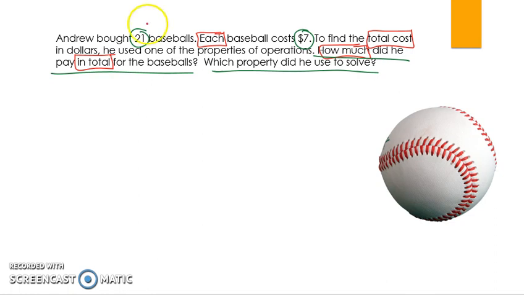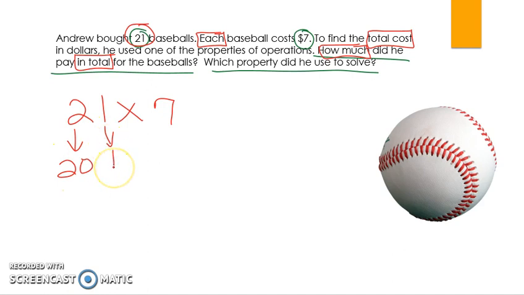Since we have a larger number, we're going to be using the distributive property of multiplication. Think back to the Lily Pulitzer problem. So we have 21 baseballs, and they each cost $7. So we're going to break apart the 21 into 20 and 1. We're going to distribute it, each one, to the 7.